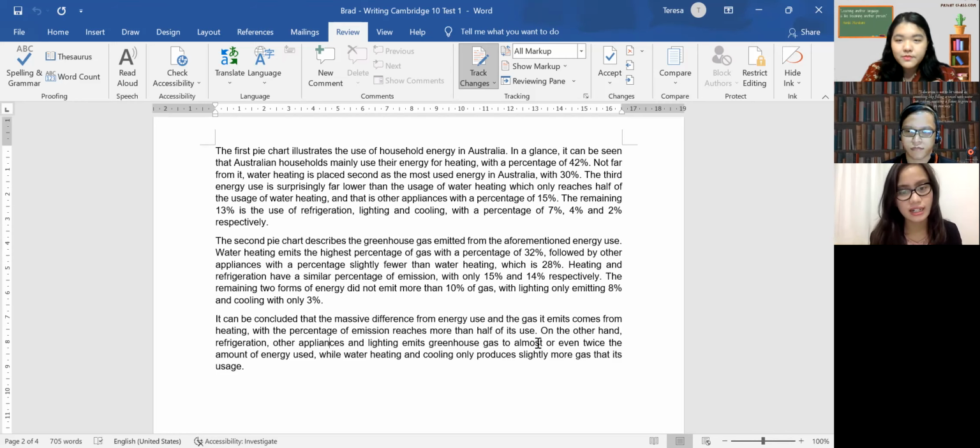Okay, and then the other task for Task 1 is that not just showing your vocabulary, you also need to make comparisons. I can see that he does that very well with proper transition words.